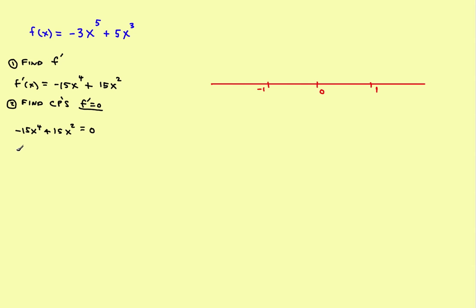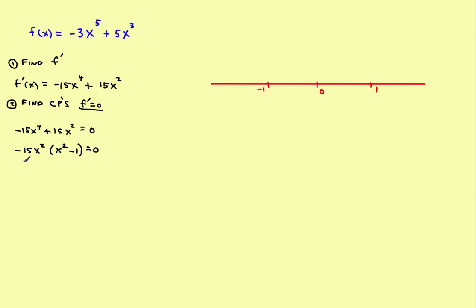You can factor out, in this case, a negative 15x squared, which is going to leave you with an x squared minus 1.